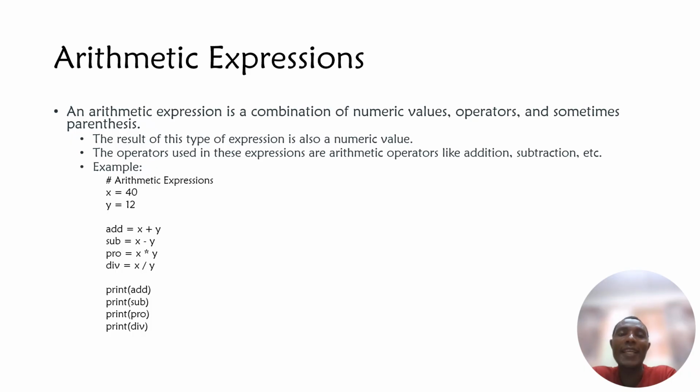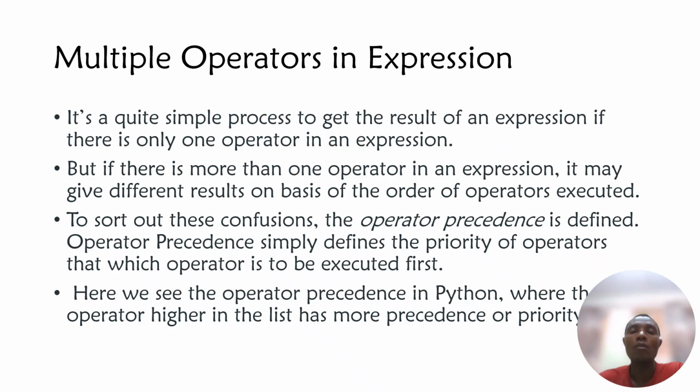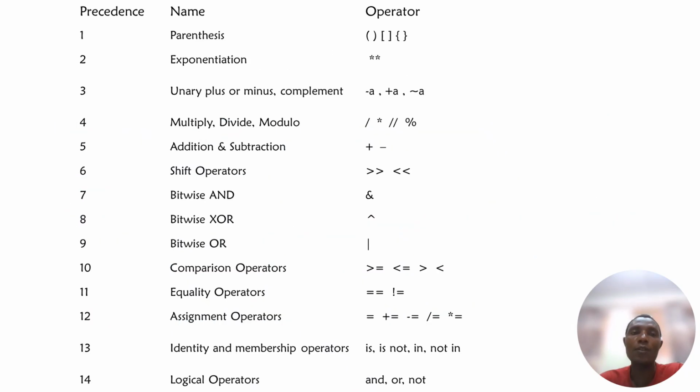The operators used in these expressions are arithmetic operators like addition, subtraction, etc. Here we are adding x plus y, subtract x minus y, product x times y, and division x divided by y gives us the result. We may also have multiple operators in an expression, so precedence is going to take place.